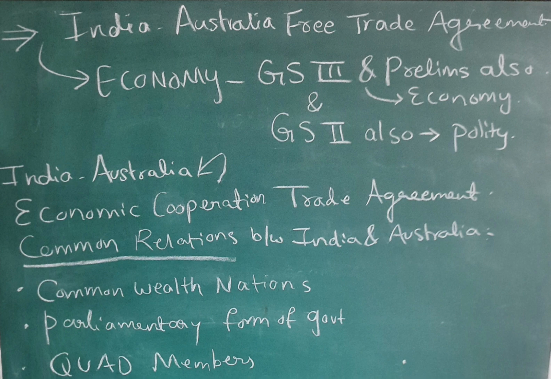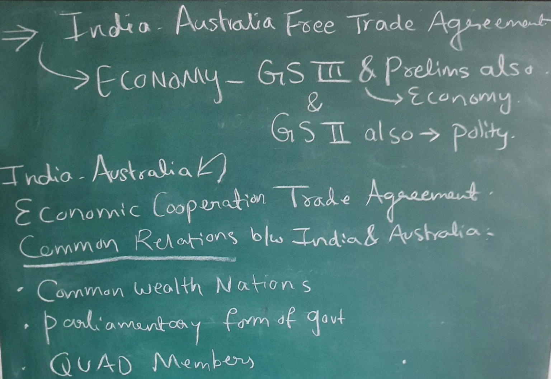Let's see what the common relations between India and Australia are. Both nations are part of the Commonwealth nations. In both countries, a parliamentary form of government is present. And India and Australia are part of the Quad.